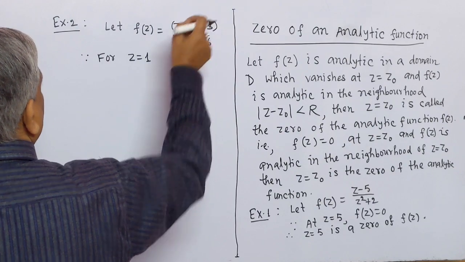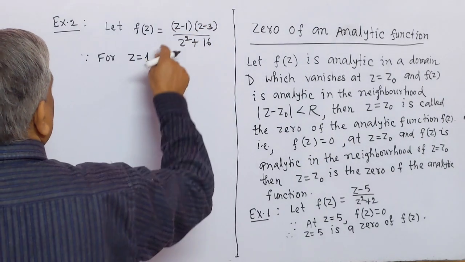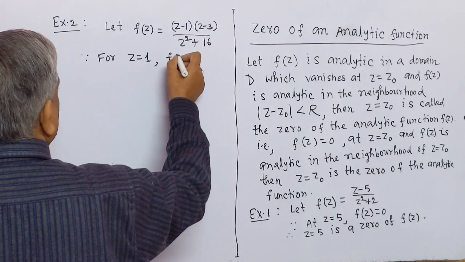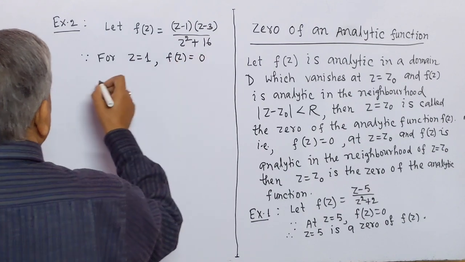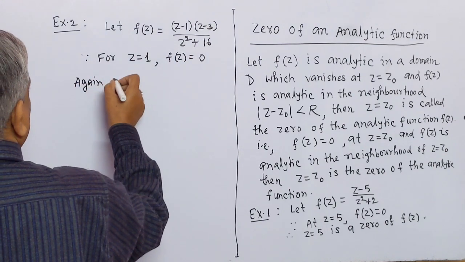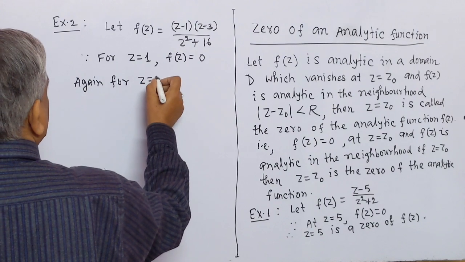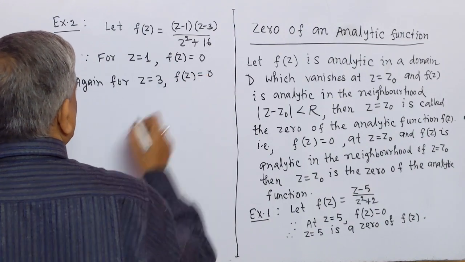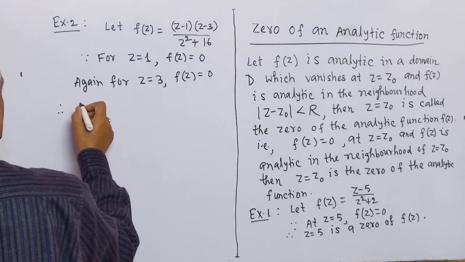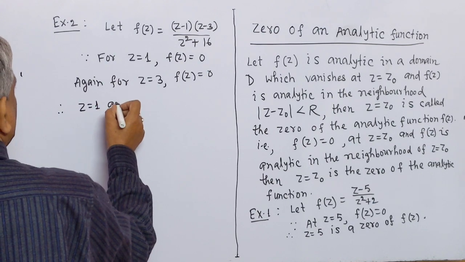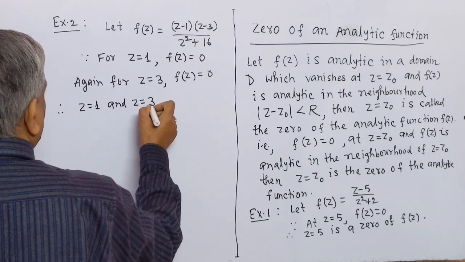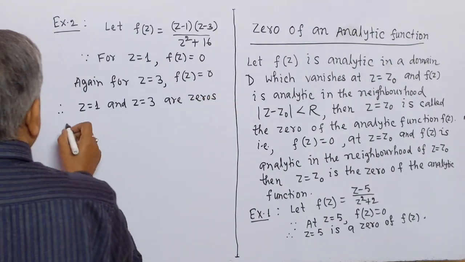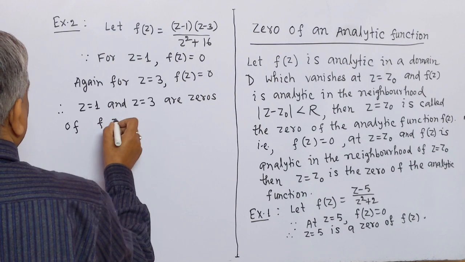That means the numerator will be 0, so f(z) equal to 0. Again, for z equal to 3, f(z) equal to 0. Therefore, z equal to 1 and z equal to 3 are zeros of f(z).